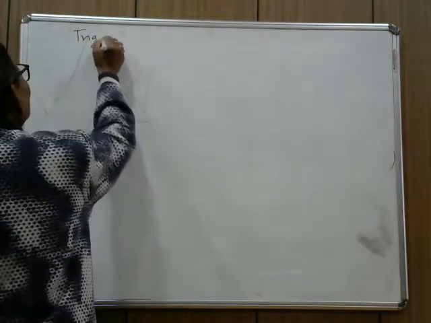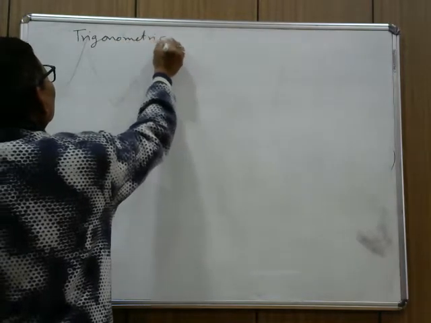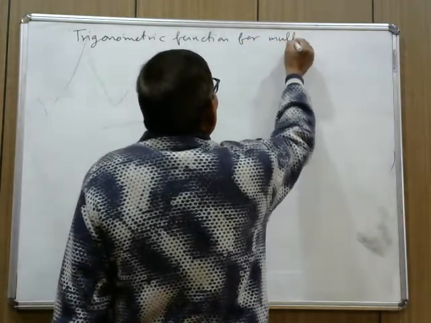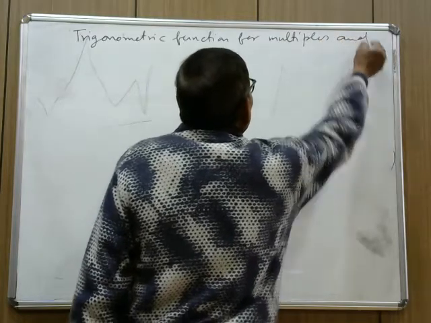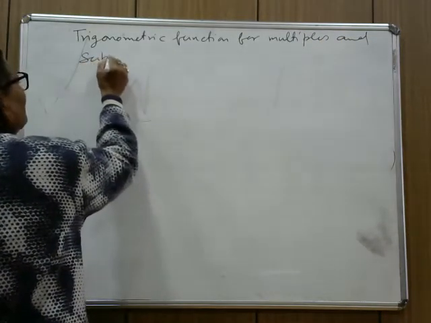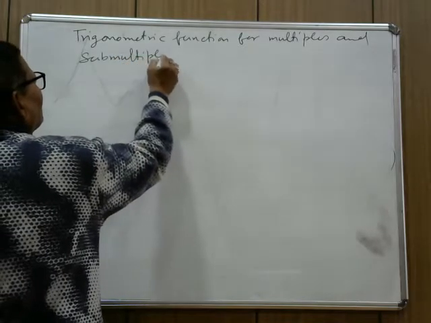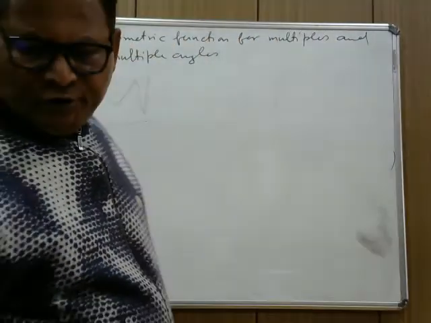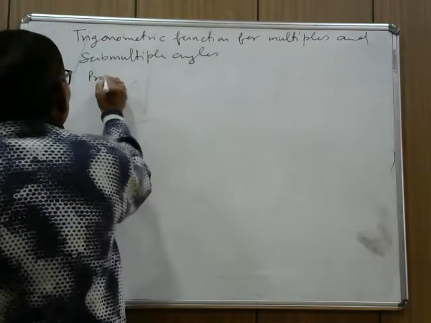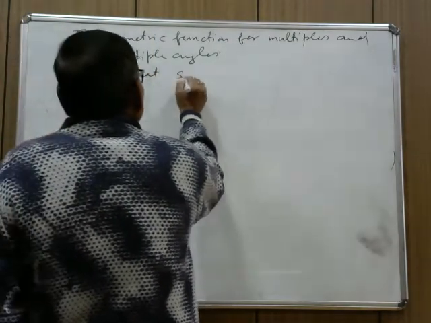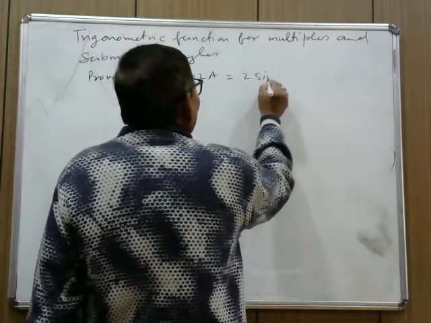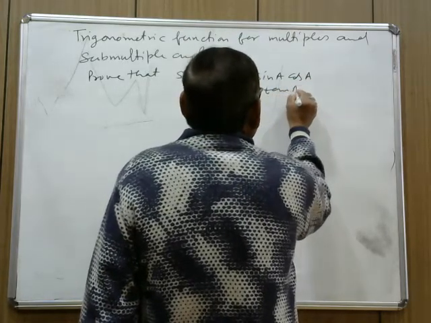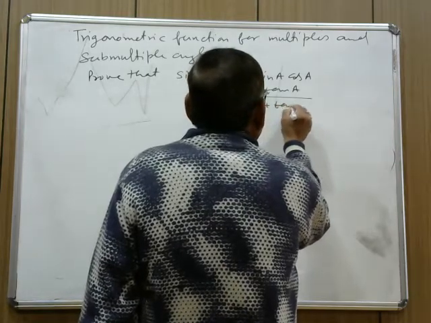Now prove that sine 2A is equal to 2 sine A cos A, and that is also equal to 2 tan A upon 1 plus tan square A.